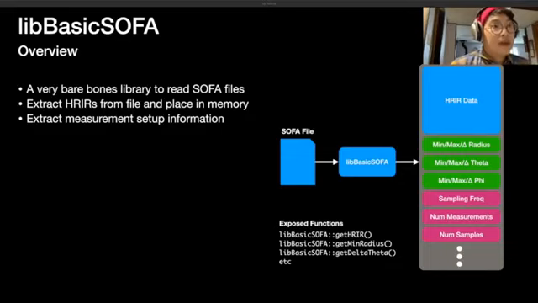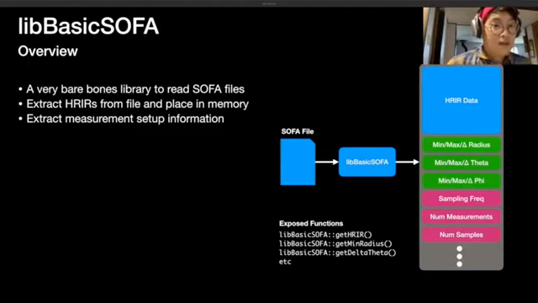There are a number of libraries out there that will read SOFA files, but I wanted to go through the exercise of writing my own library. This library that I call libbasicsofa warrants a talk on its own, but I am going to be skimming over the finer details and just give a very brief overview. libbasicsofa is a very bare bones library that will read in a SOFA file, extract its information and dump its contents into memory.